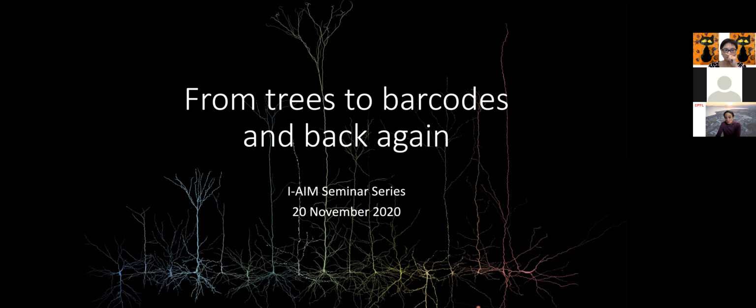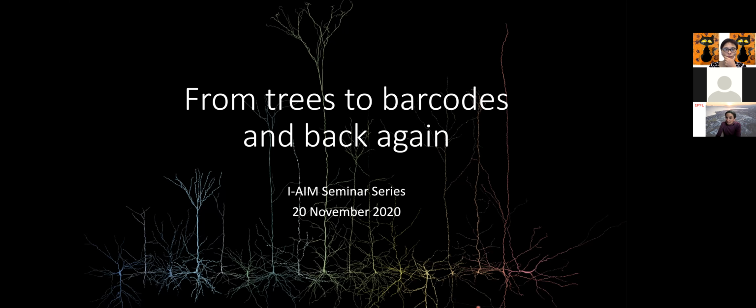So I just want to say a couple words about the background image for the title slide. This is actually a computer-done visualization of what are called pyramidal cells, excitatory cells from rat cortex. It's showing the great diversity of their morphologies, both in terms of their size, the branching structure, the curvature, and so on.